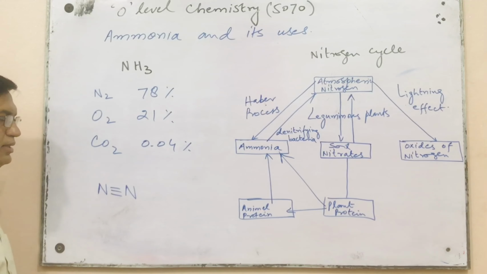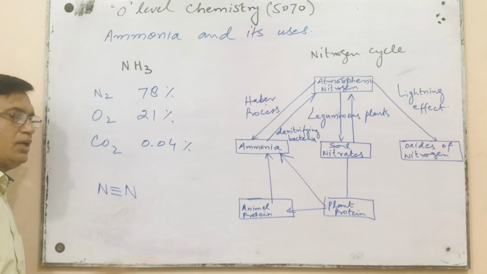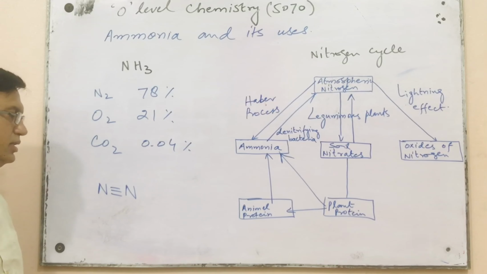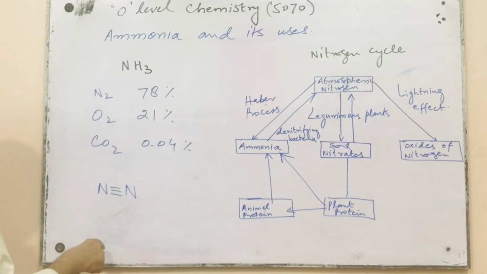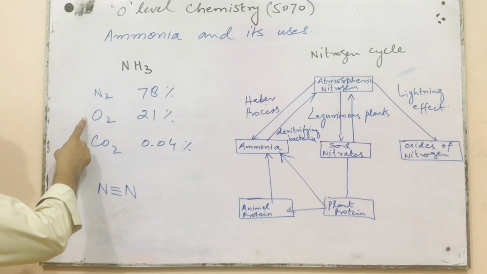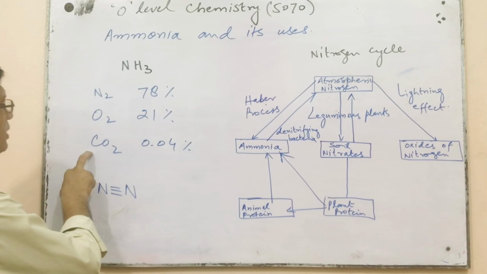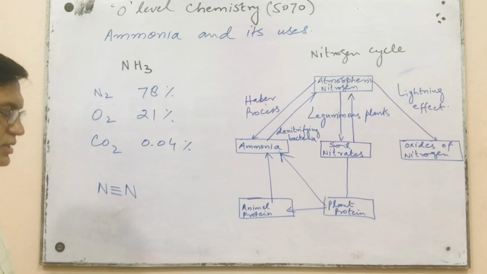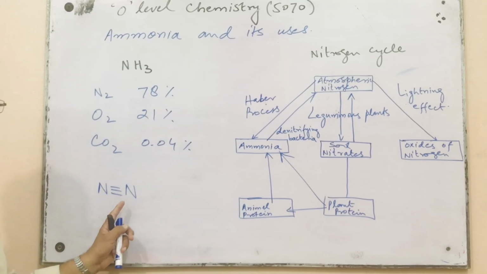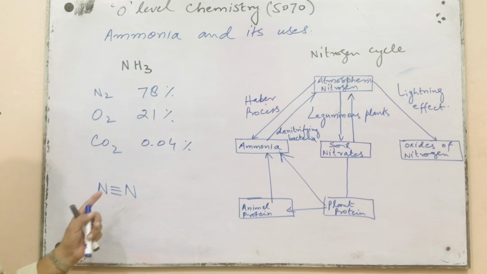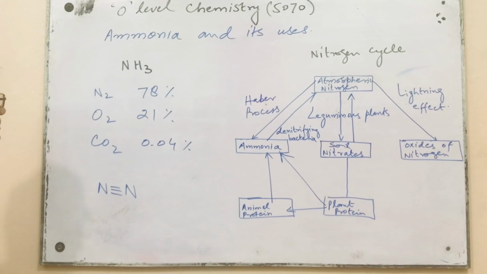But when drastic conditions of temperature and pressure are applied, then nitrogen can react with other elements. From all of these, oxygen is the most reactive, then carbon dioxide, and nitrogen is least reactive. That's why nitrogen is considered like an inert gas.